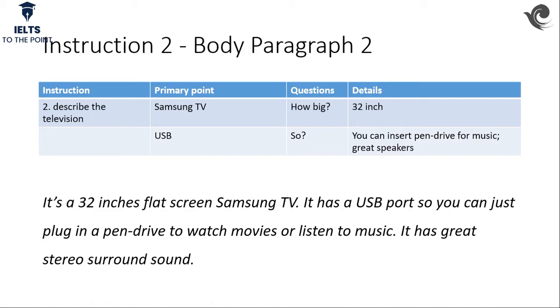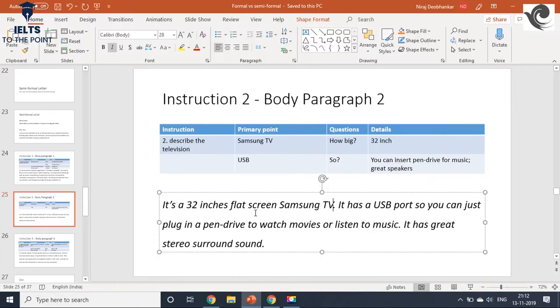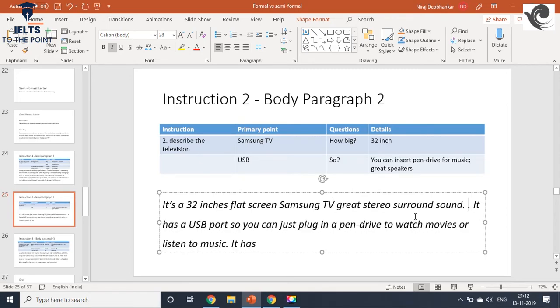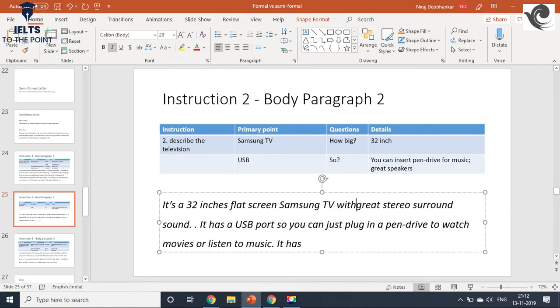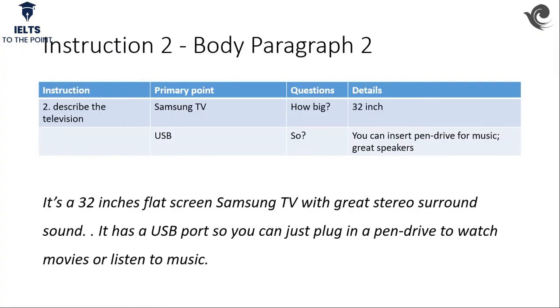Okay, now if you ask me what could have been even ideal, you can make a sentence over here. It's a 32-inch flat screen Samsung TV with great stereo surround sound.